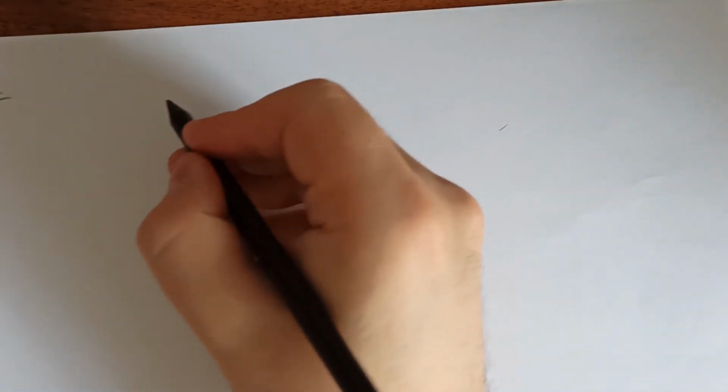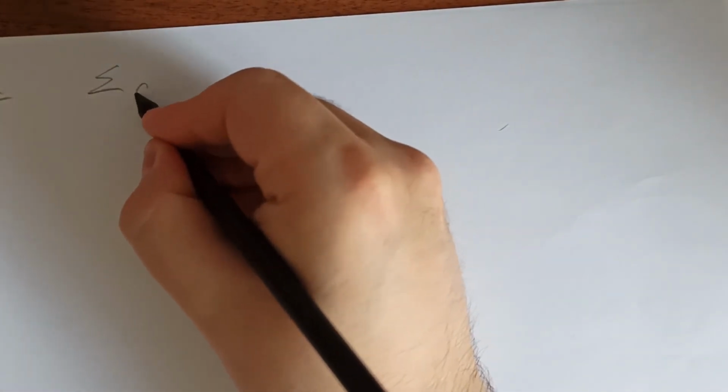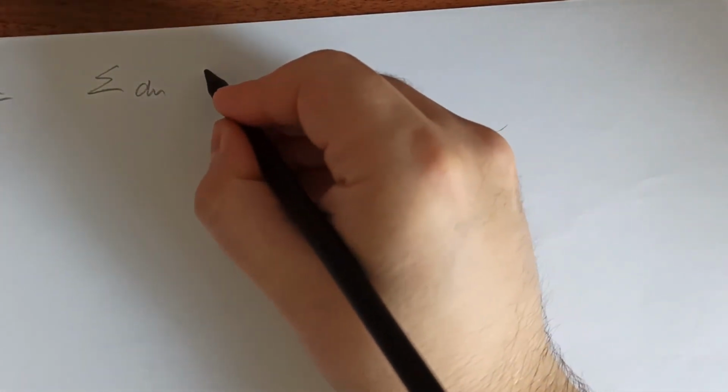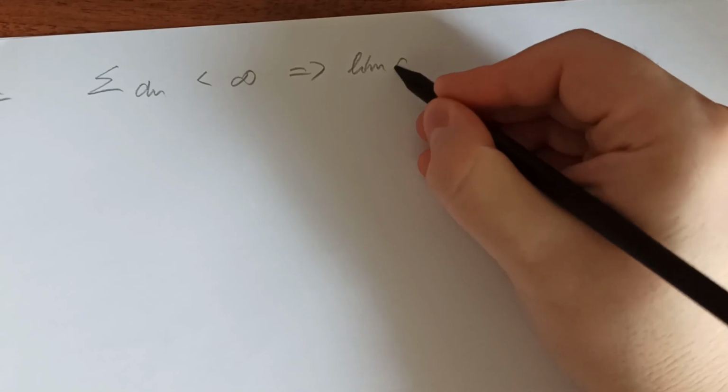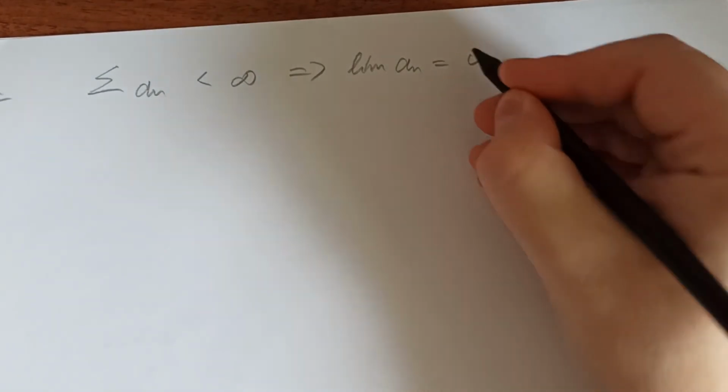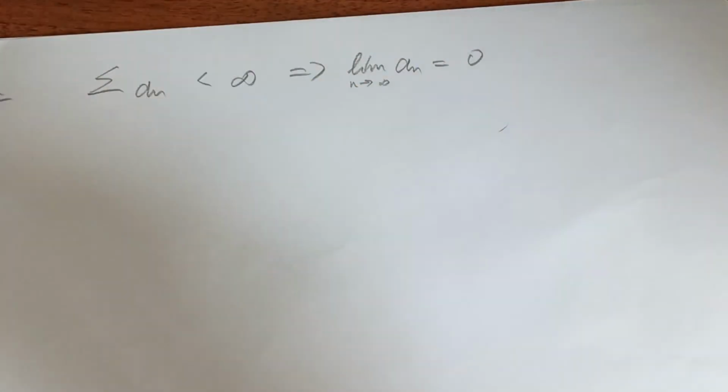And we will finish today's lecture with necessary conditions of convergence and non-convergence. We have a theorem that if the sum an is finite, then the limit of an is 0 when n tends to infinity.